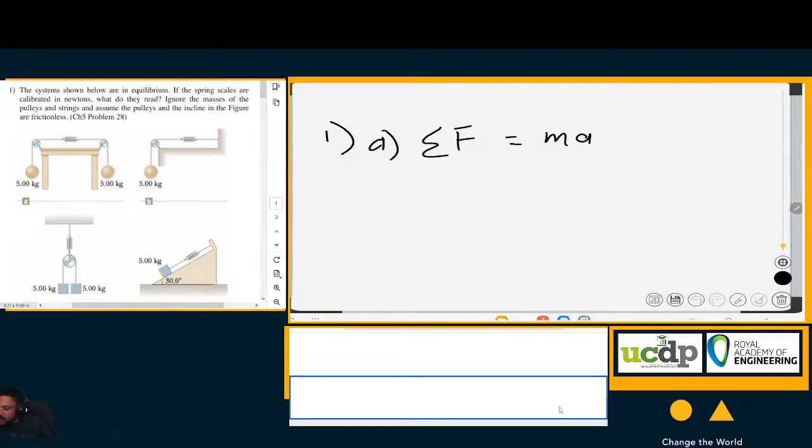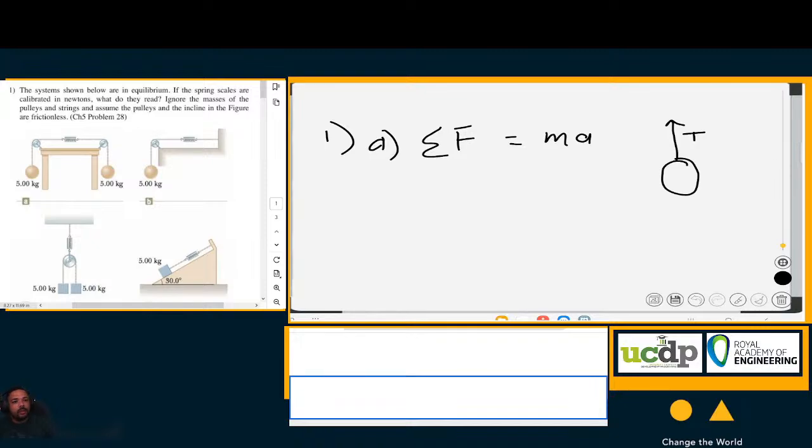Now the sum of the forces in this case, let's pick just one of these balls. Okay, let's just pick one. What is pulling this ball, or this mass, upwards? It is the force of tension. So it's tension that is pulling it upwards.